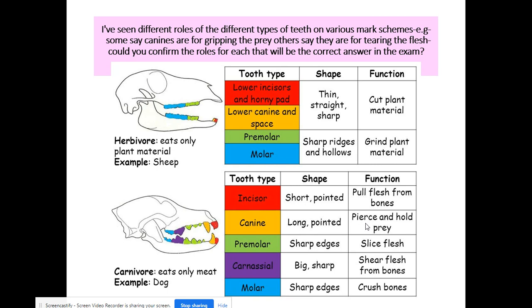Often they will clamp down with these teeth and constrict the airway, and that's the way they kill their prey. But they need to hold on to it whilst it tries to run away from them. Then we've got the premolars here, and they can slice the flesh. We've got the carnassials here, and they can shear the flesh off the bone because they're nice and big and sharp. And then at the back again we've got the molars, and they can be used to crush bone.